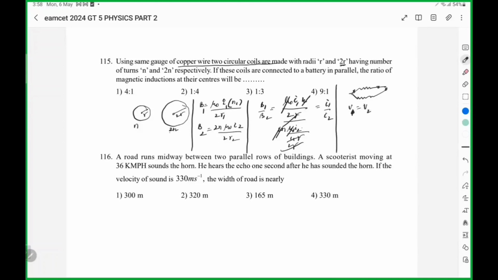That is I1 R1 is equal to I2 R2. So I1 by I2 is R2 by R1.